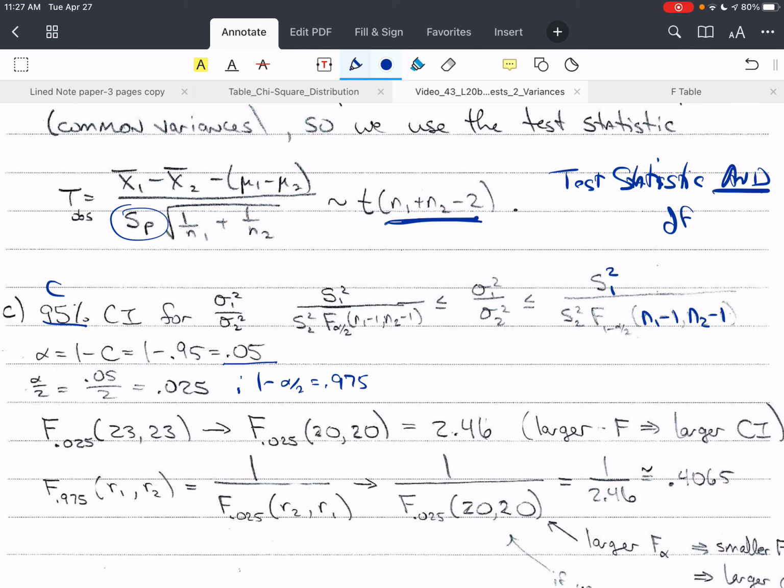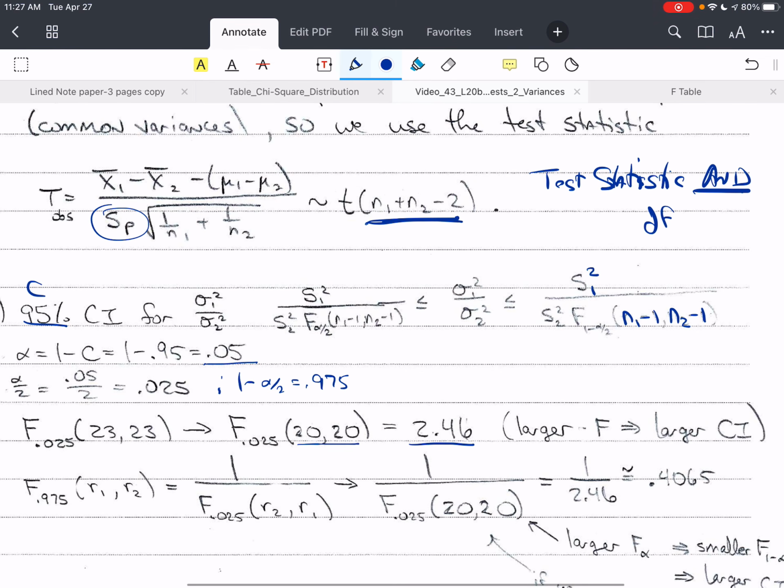So I have 0.025, 23, 23. Again, I'm going to use 20 and 20. I always round down because I didn't have 23 in the table, and we looked that up last time and it was 2.46. And so it says the larger F, the larger CI when it's on the bottom for the lower confidence limit.